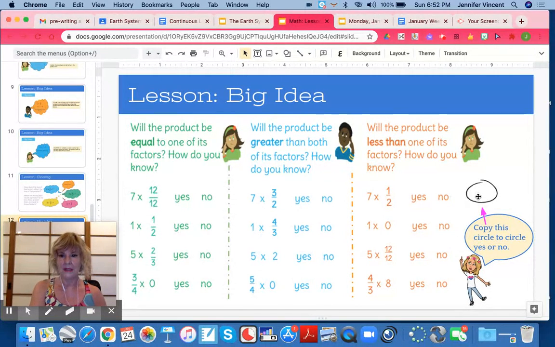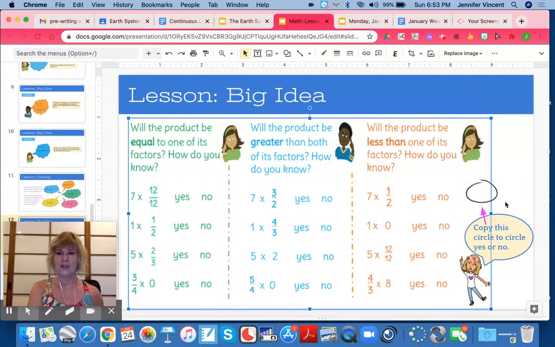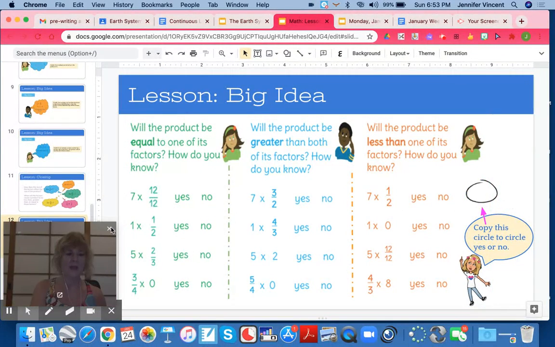You're going to take this little circle here, copy it, and then use that circle to circle your answers. That's just to help you understand how to do that. Of course, I'm always there to help you. And then we have our last little bit there, which is the end of the lesson.